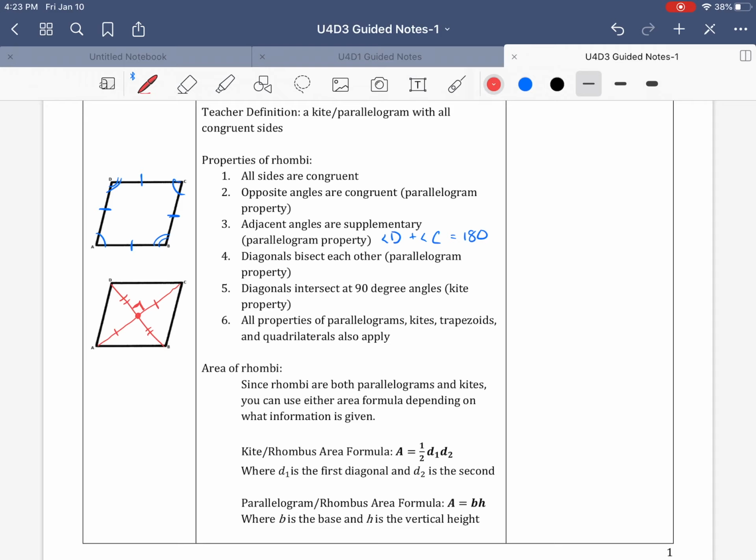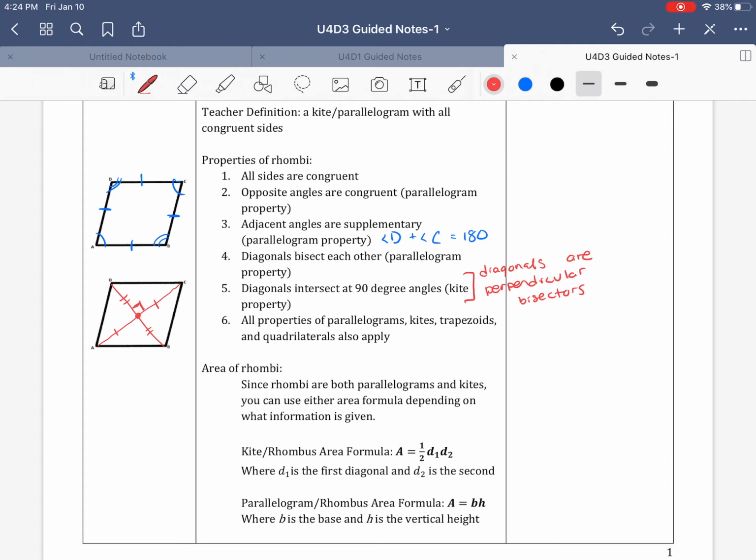So if we put property 4 and 5 together, we know that their diagonals are perpendicular bisectors. And lastly, any other properties of parallelograms, kites, trapezoids, and quadrilaterals also apply to rhombuses.